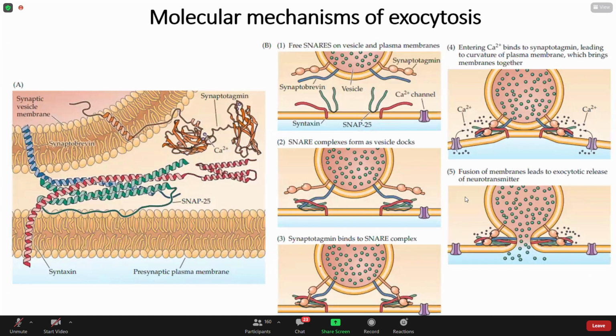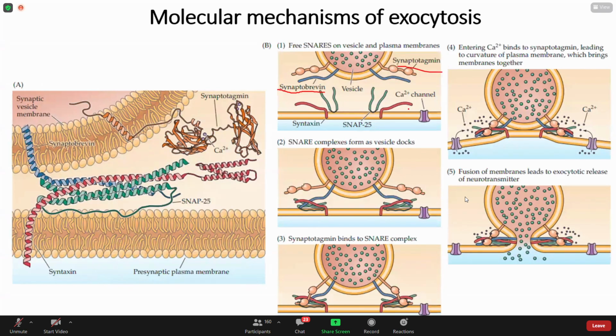Also, some of the proteins which are very important for priming and fusion of the synaptic vesicles are the SNARE proteins. So, for example, synaptobrevin, which is expressed on the synaptic vesicle, and also we have synaptotagmin, which is expressed on the synaptic vesicle.